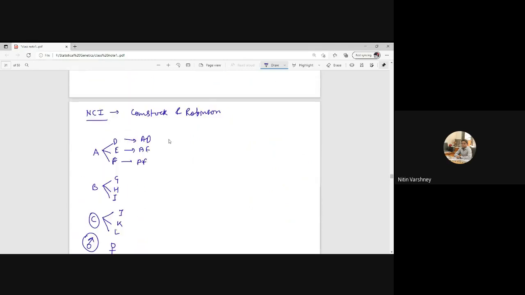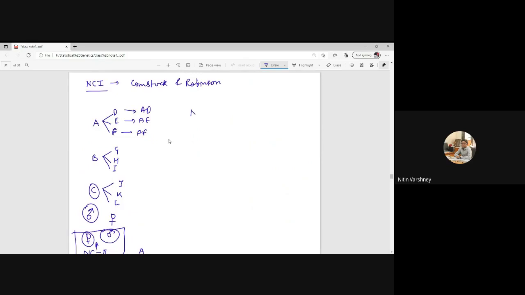Now in NC3, the case will be like A cross B. We will get F1, then we will get F2, and it will be the cross of A cross F2, cross B, any of the parent. It is a back cross.